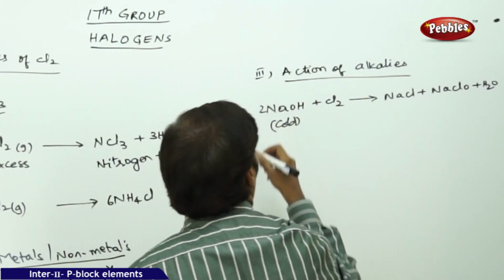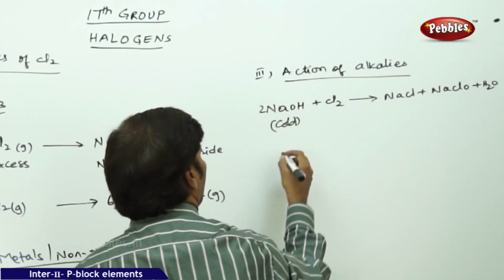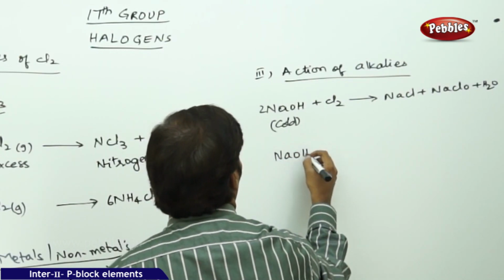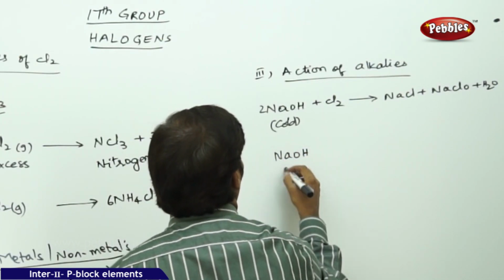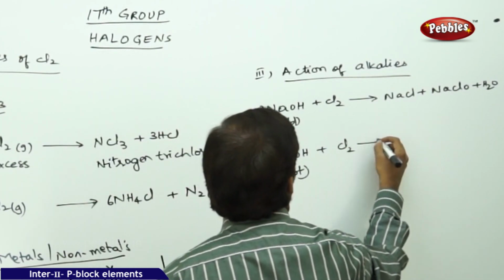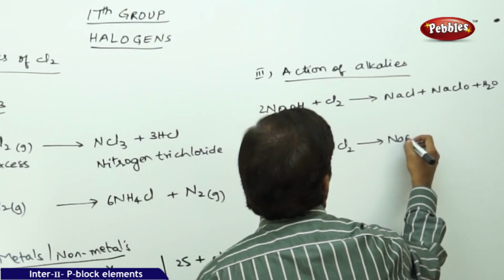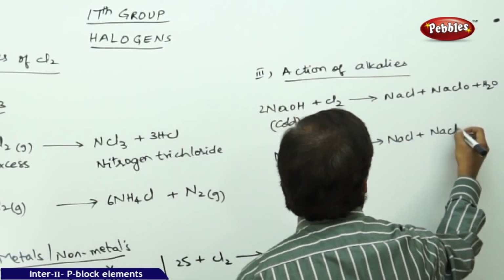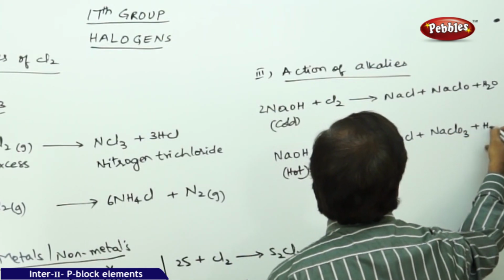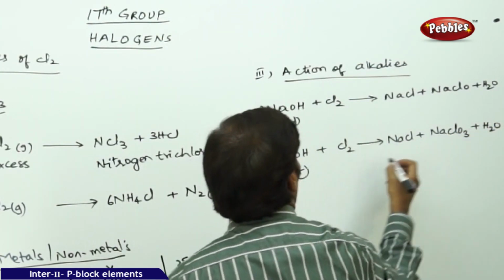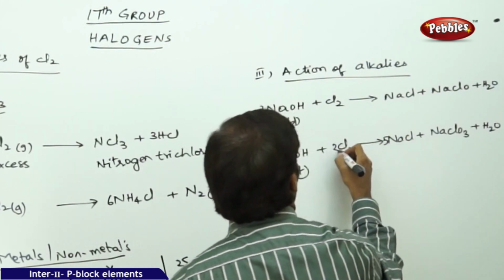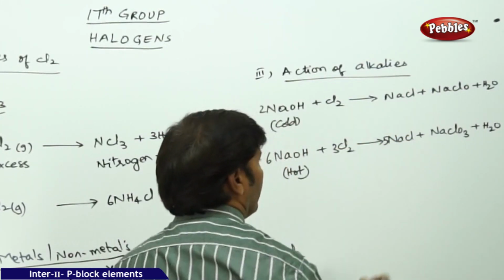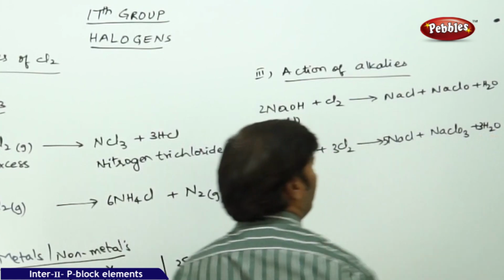So take 2 over here. Sodium hydroxide that is hot and concentrated gives sodium chloride plus sodium chlorate plus H2O, that is 5 moles of sodium chloride and 3 moles of chlorine gas and 3 moles of water.